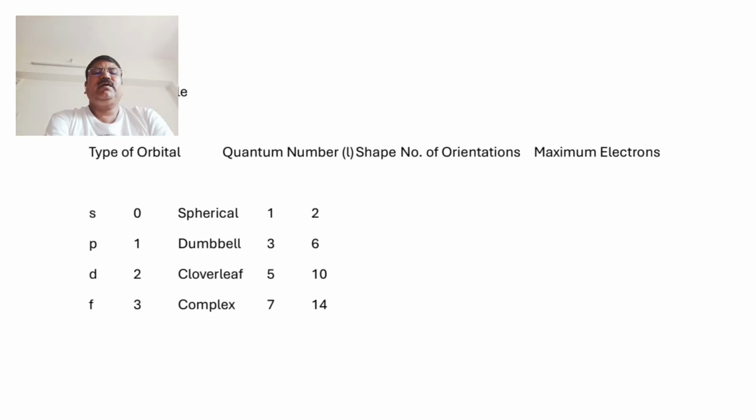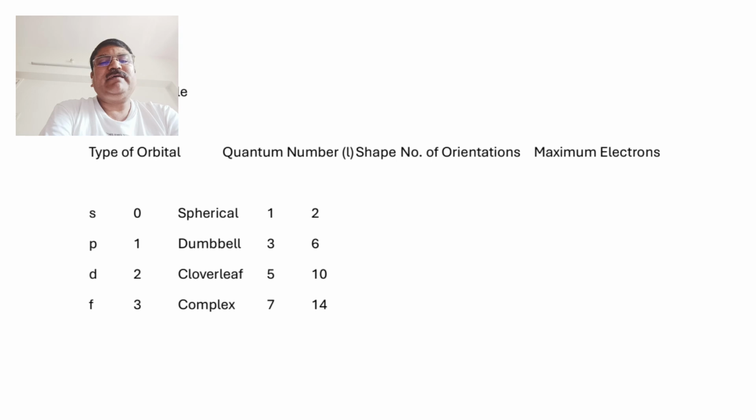The s orbital has azimuthal quantum number 0, which has a spherical shape. The p orbital has azimuthal quantum number 1.